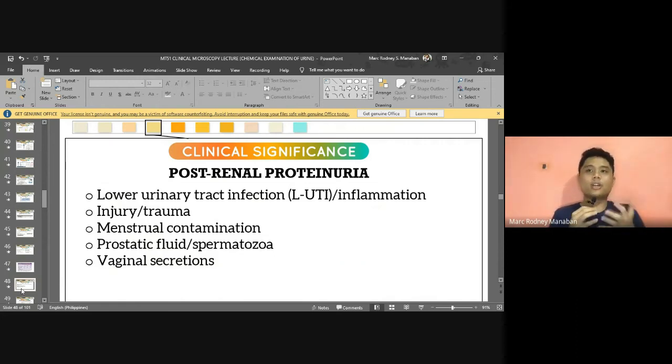So you have to look at other tests or patient history or other pertinent information to help you really diagnose, especially if you become a doctor. For medtechs, of course, we cannot diagnose. All right, that's for the clinical significance of proteinuria.